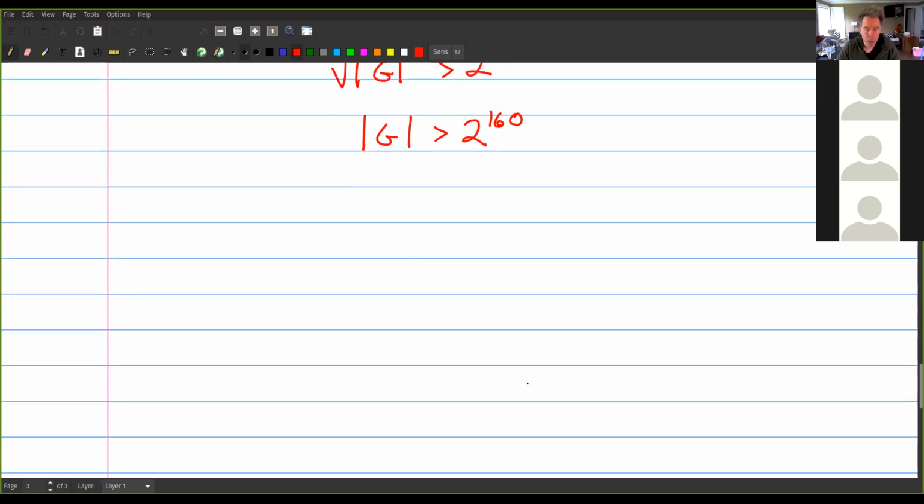So let's do an example with some real numbers. I'm going to do G equals Z71 star. And it turns out that alpha equals 7 is a generator for this group. And I just make up a target x. I made x equals 49.